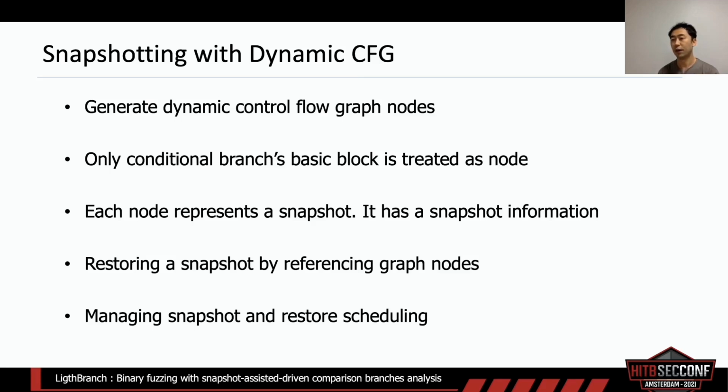Only conditional branches are treated as graph nodes. Basically, a control flow graph represents all the executed basic blocks. However, our point of interest for input generation is the basic block where a conditional branch exists. So our control flow graph only consists of conditional branches.